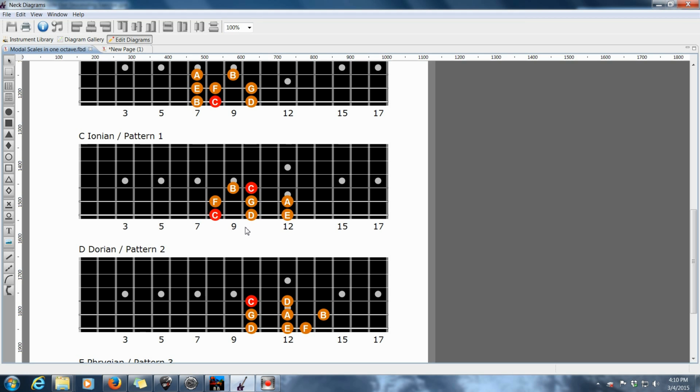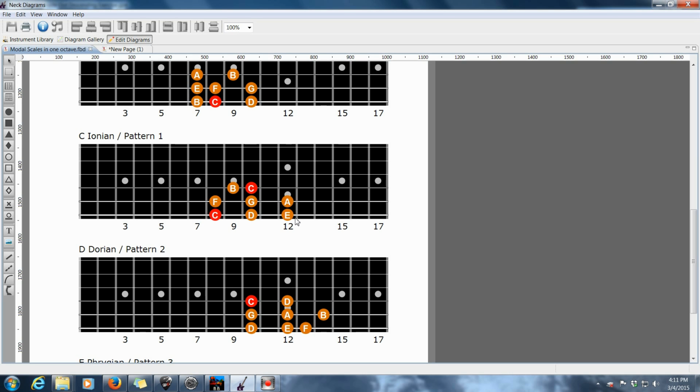the modal name really depends on number one, what note you're starting on, and even more importantly, what chord you're playing over. So if you were playing over, say, a D minor 7 and you played pattern 1, in actuality you would be playing a Dorian mode, because the chord determines the sound of the notes that you're playing.